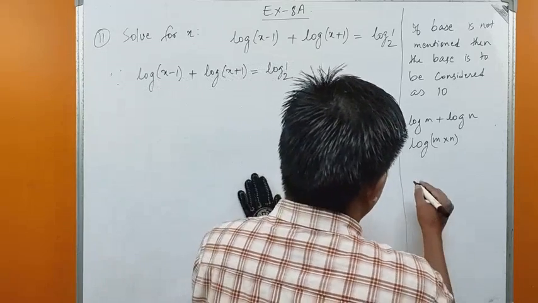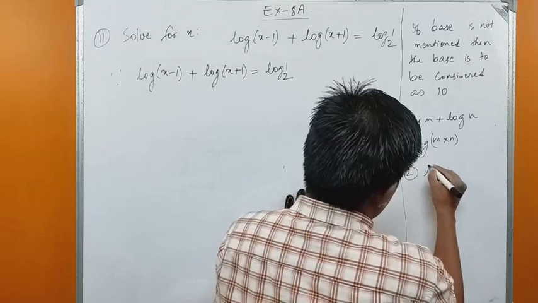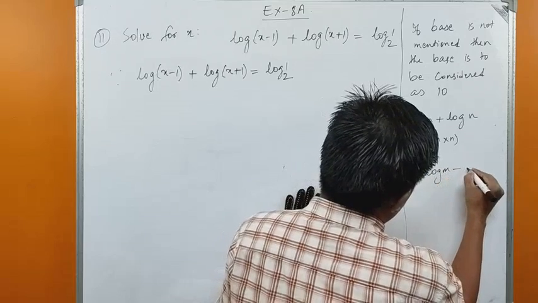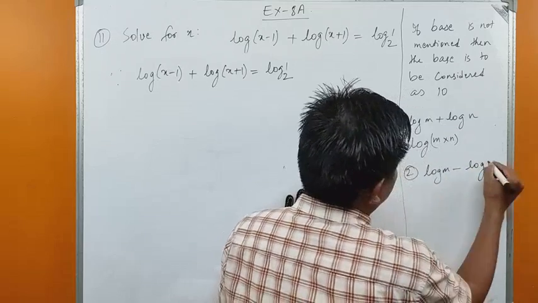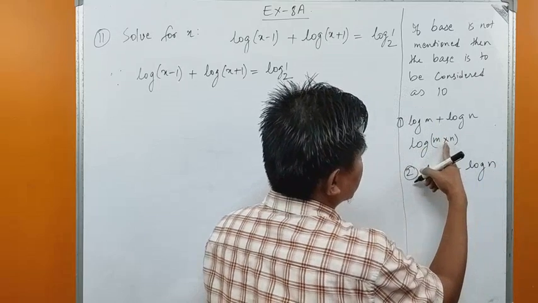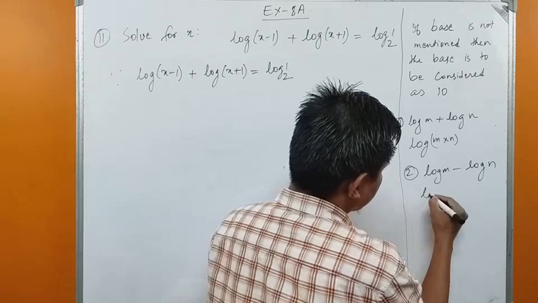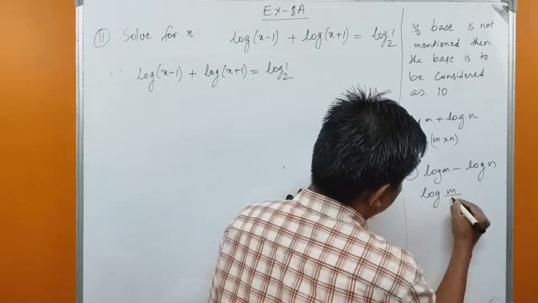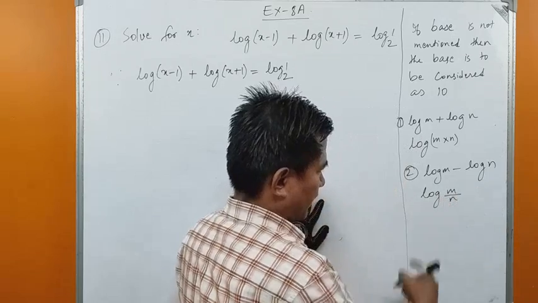And if there is a minus sign, log m minus log n. If there is a plus sign, we must multiply. If there is a minus sign, then we must divide. Log m minus log n is log of m upon n.